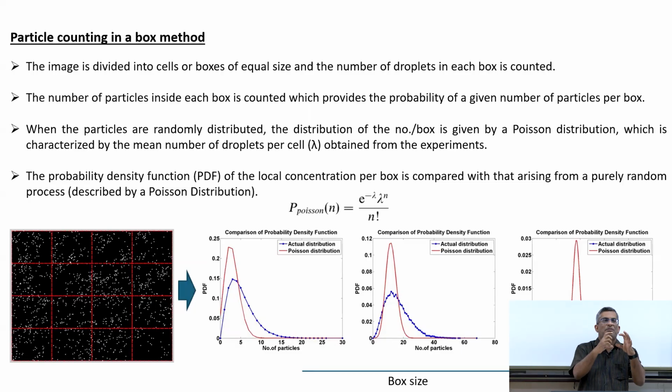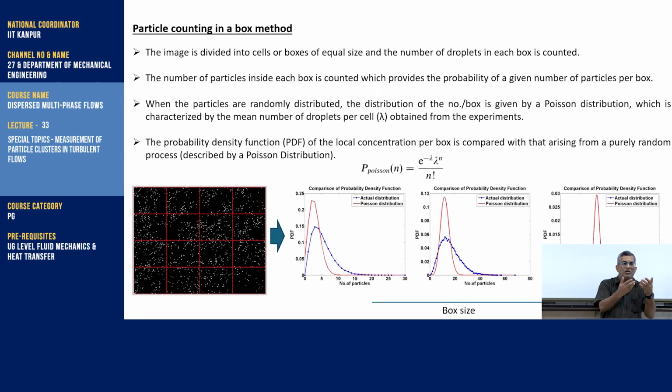First you start with small boxes and then you go on increasing the box size, and that is what is done here. You have the same set of images, but you change the box size. You see how the distribution now differs. If you use still smaller boxes, you will tend towards random distribution or Poisson distribution, because it will be more and more random.